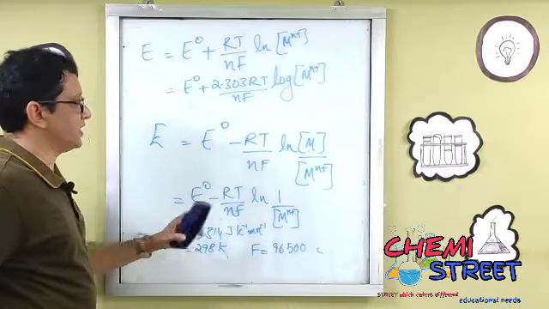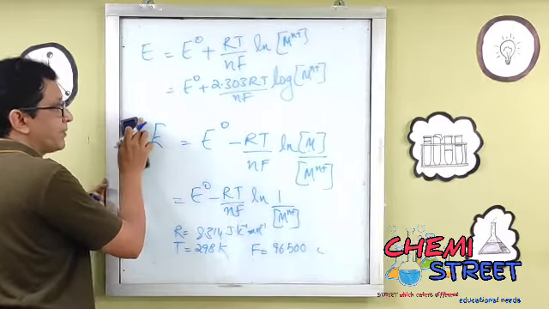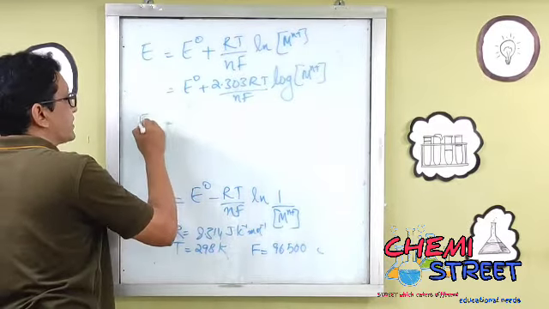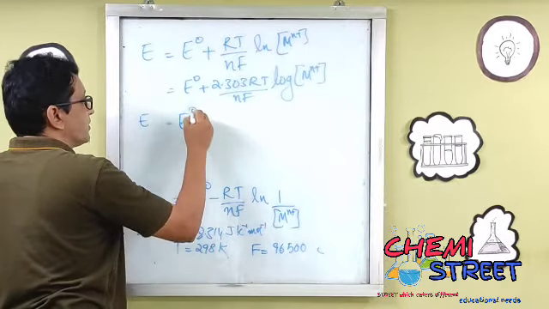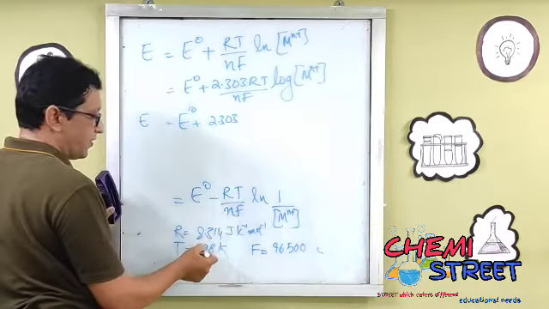Finally, you are substituting all these values. Shall we substitute all the values? E is equal to E0 plus 2.303 R. What is the value of R?